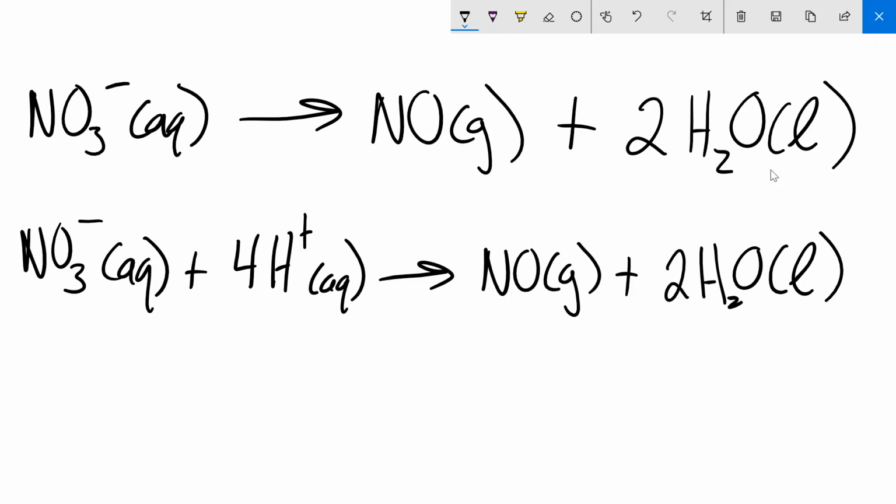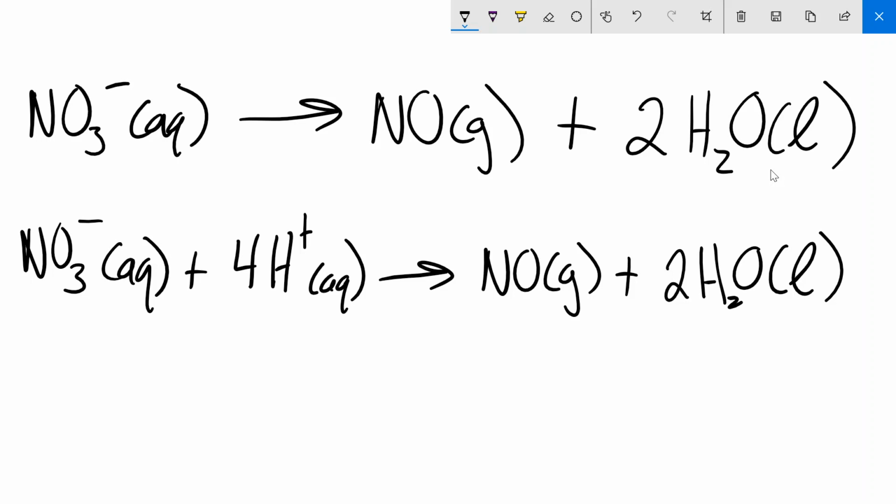In reduction, the electrons are added to the reactant side. Another way to check yourself is that your reactants and products have to have the same charge. The product side has a charge of 0, and currently the reactant side has a charge of +3. So we need to add 3 electrons there.